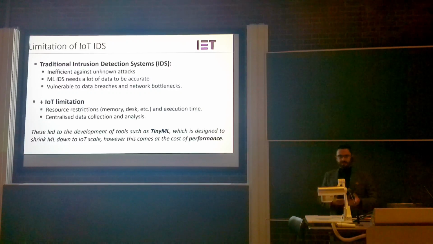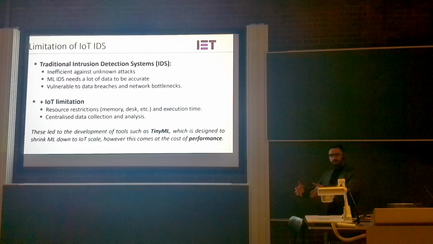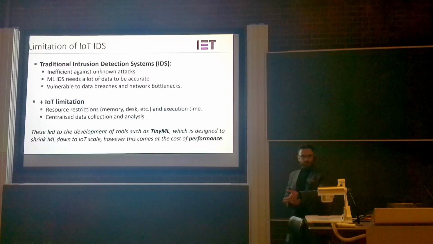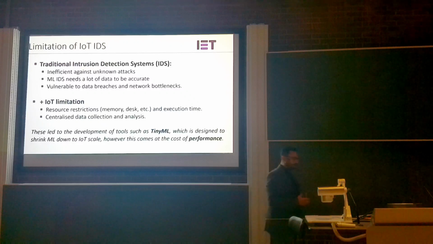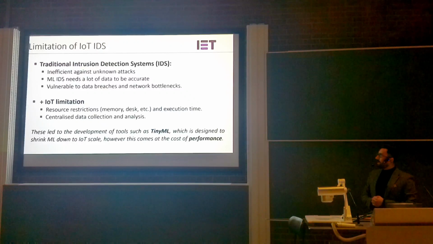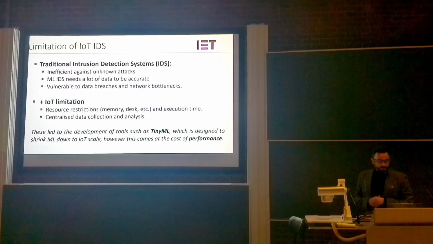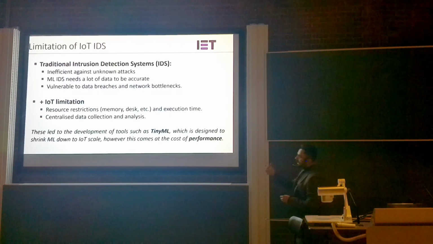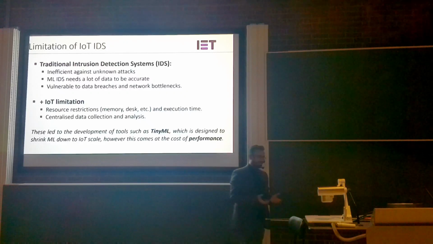Attackers keep changing their behavior within the network, so by the time you get a robust model, you will be facing new attacks that were not introduced into that model. So they are inefficient, they are always behind, and they require lots of data to be trained and deployed.